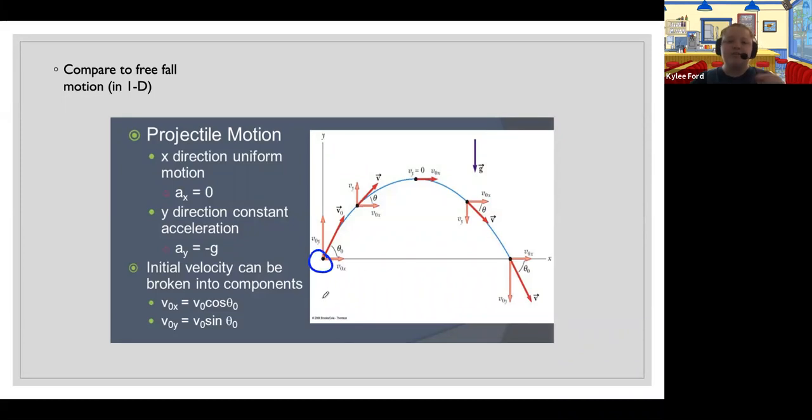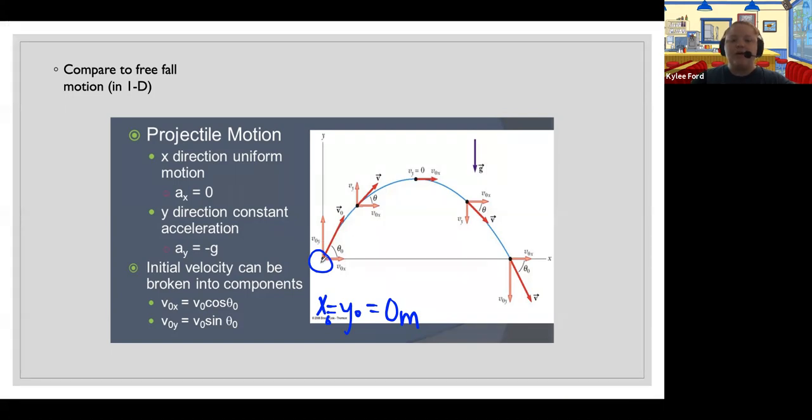That way we just have some kind of starting point and we don't have to put it at 10 or whatever. It just makes our lives easier to put it at 0. So we are saying our x and y initial values, with a little naught there, are 0 meters. That's typically what we'll do unless told otherwise.